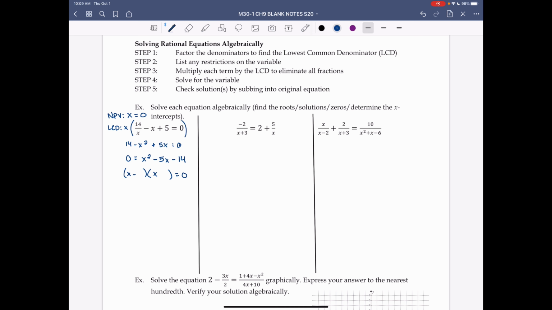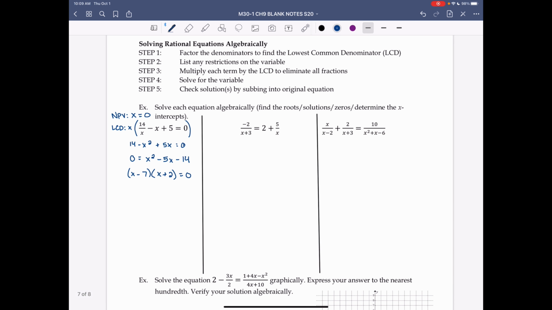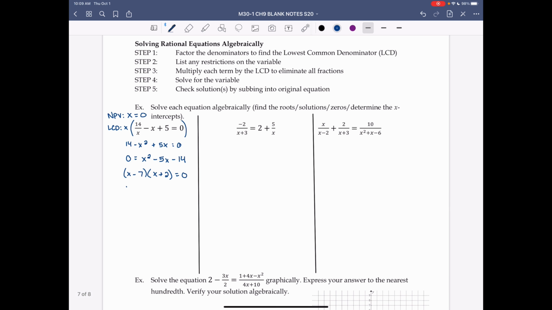So negative 7 and positive 2 would add to negative 5 and multiply to negative 14, which means our x values that satisfy each factor being equal to 0 would be x equals 7 and x equals negative 2.